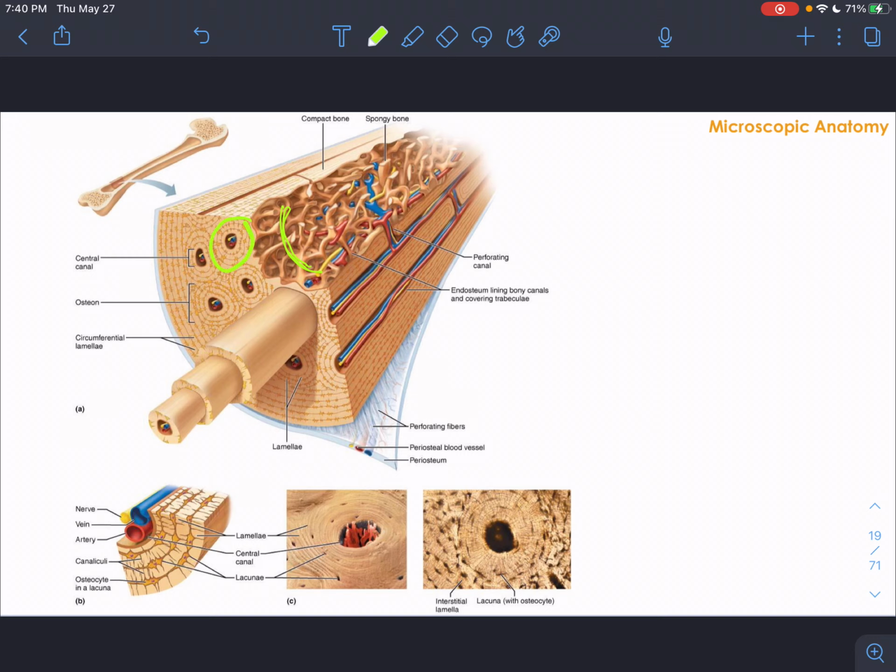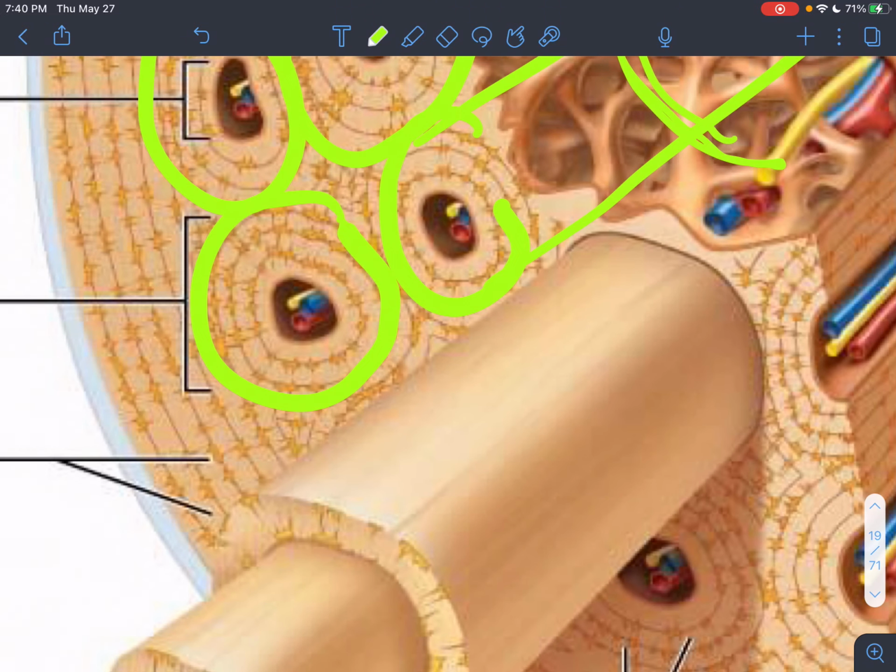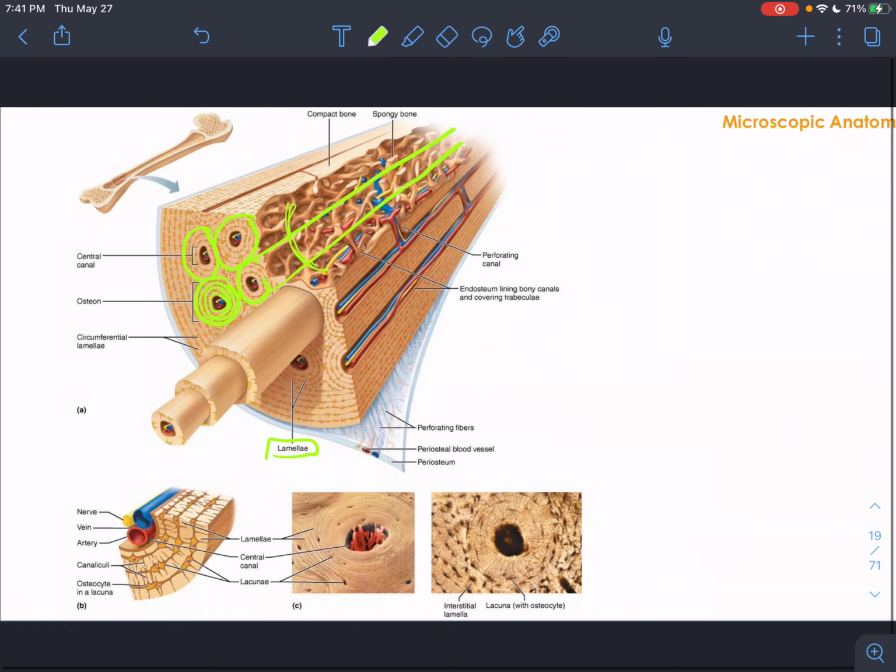Each one of these little bullseyes is an osteon, and it's going to run down the length of this entire bone. Within the osteon, like I said, you have the lamellae, which are the circumferential rings. If I zoom in on this osteon here, each of the rings of the bullseye are the lamellae.